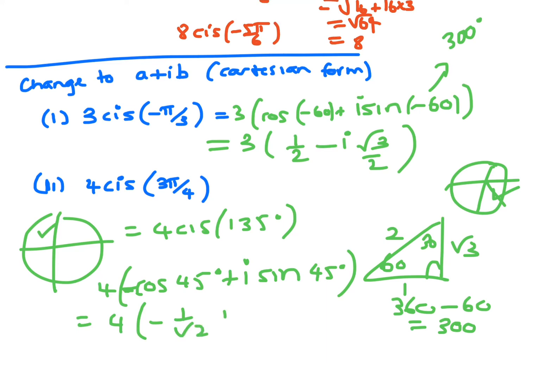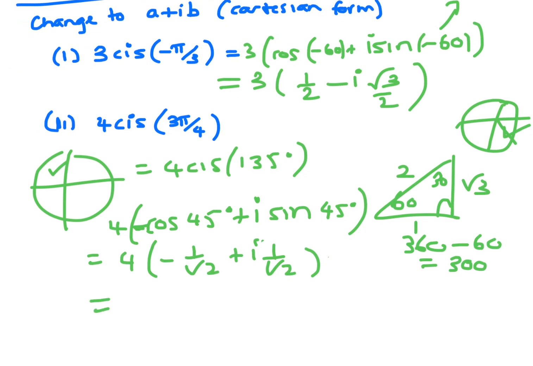So it's minus 1 on root 2 plus i sine, plus i 1 on root 2. So 4 on root 2 minus plus i 4 on root 2.